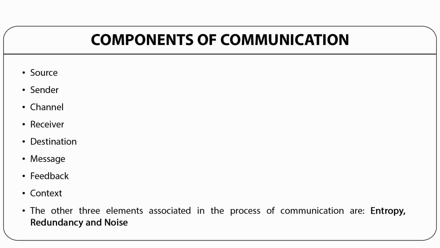Another 3 elements in the process of communication are associated with it. These are entropy, redundancy, and noise. Entropy is a measure of the amount of uncertainty associated with the content or message. Redundancy is something excess or unwanted that comes with a message. Redundancy is either entered in the communication process knowingly or unknowingly.